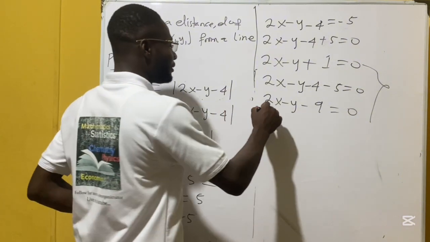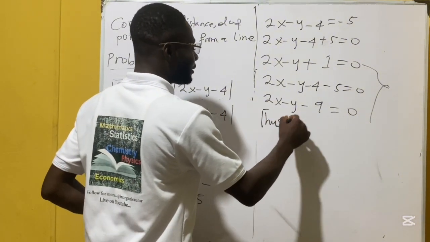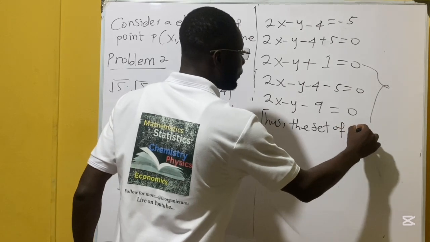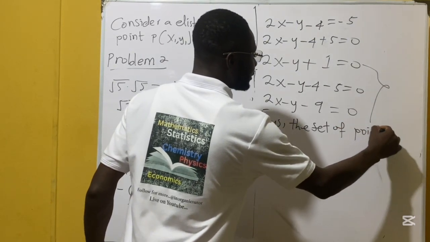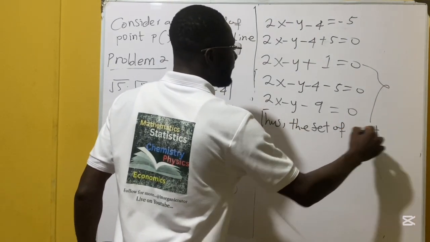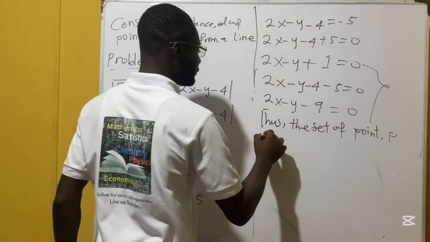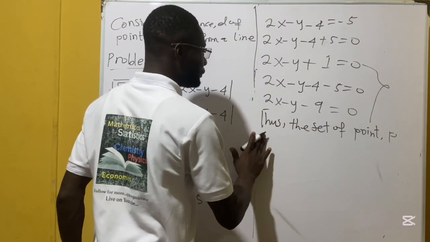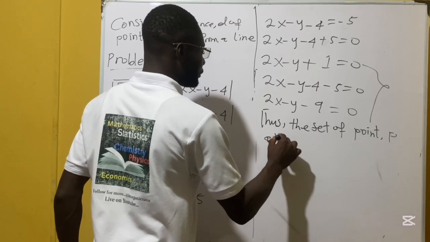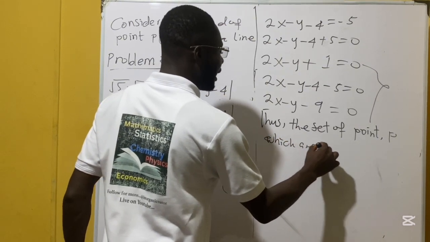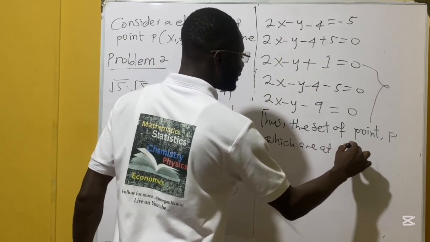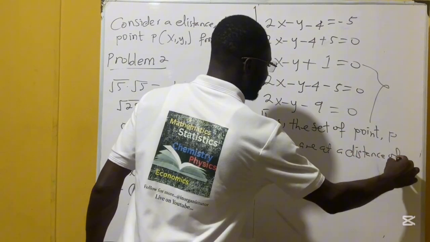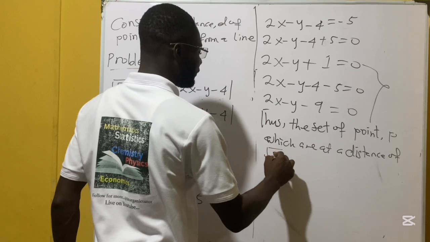So that's the set of points P which are at a distance of square root of 5.